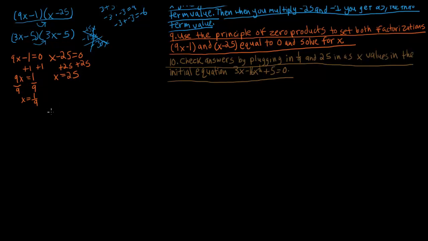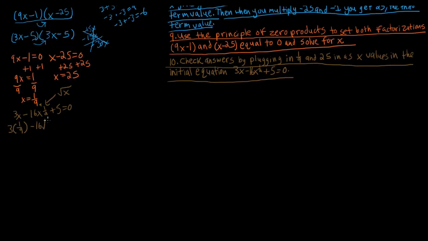So we have 3x minus 16x to the half power plus 5 equals 0. We can plug in 1/9 into this equation, so we'd have 3 times 1/9, and then minus 16, x to the half power is the same as square root of x, so let's use that format.